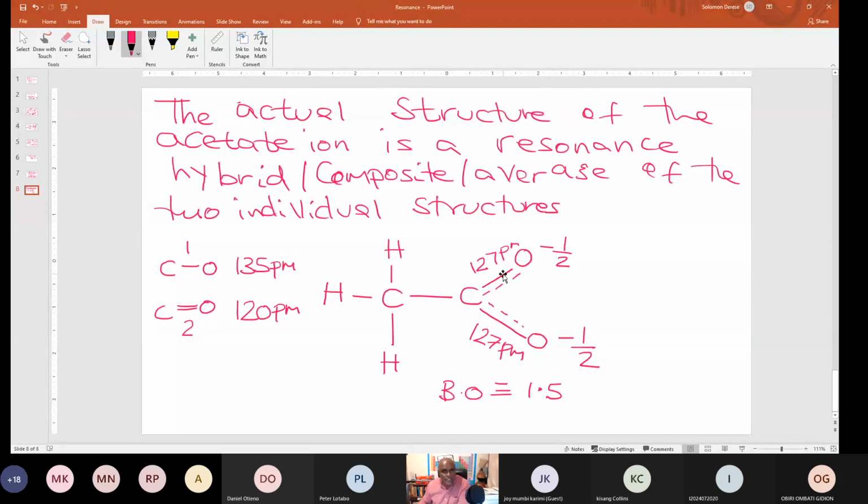Each of the carbon-oxygen bonds has some kind of double bond character. To show that, we use this dashed line. So this is the Lewis structure of the acetate ion.